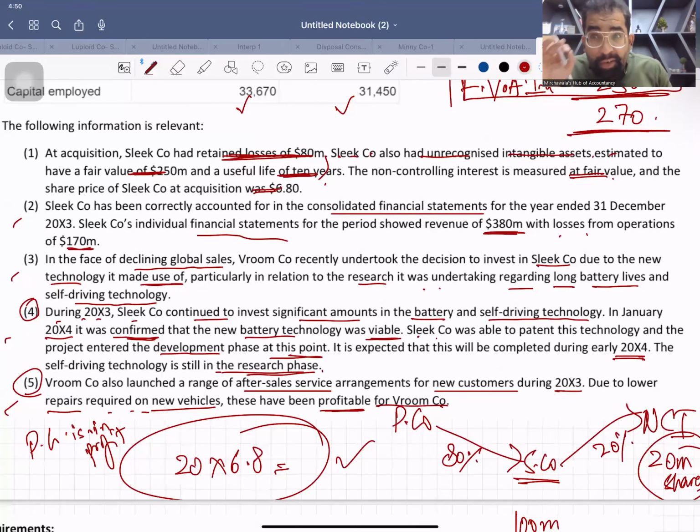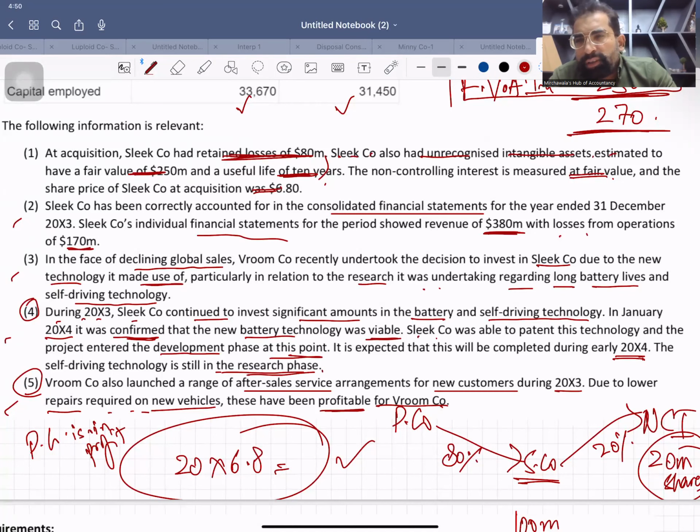So listen to me individually. Point number 5 is purely related to VRoom. If you look at VRoom, the parent company only, the parent company data says that the parent company is going good. Why? This point you have to write in the comment.